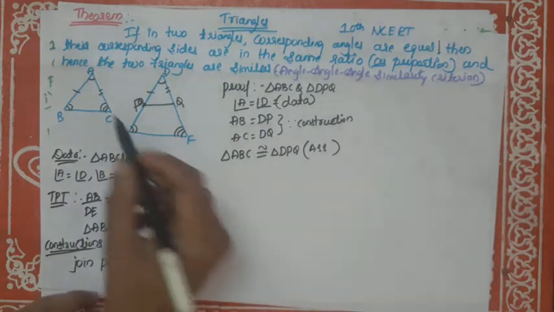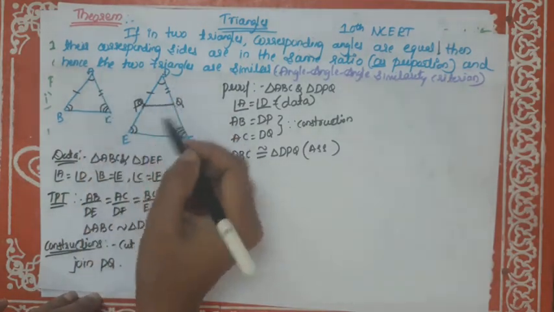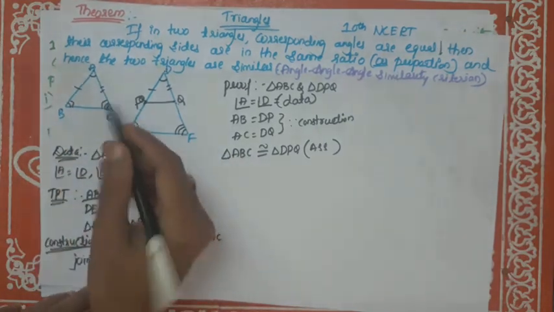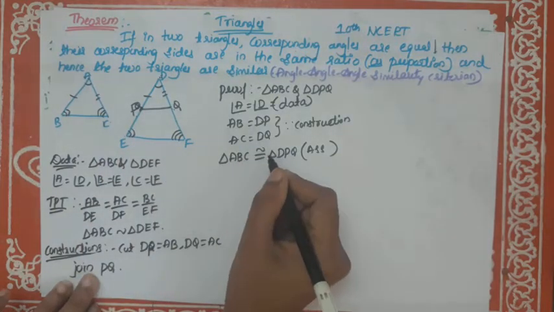After congruency, we know that the sides are equal and automatically the angles are equal. That is, angle B equals angle P, because these two triangles are congruent.